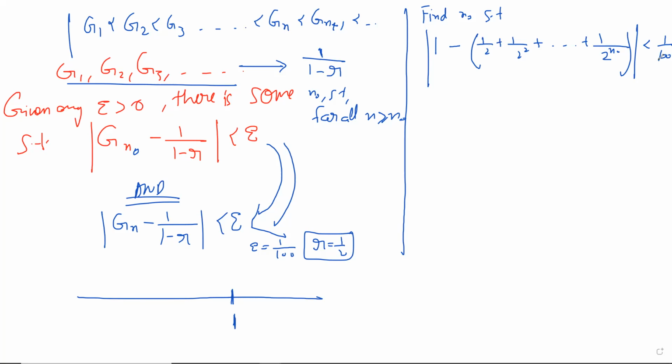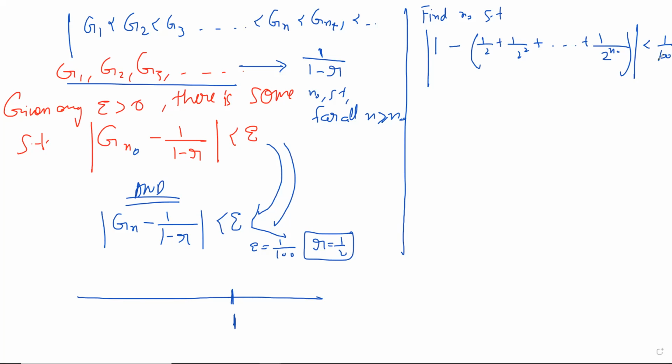Can anybody just guess some n naught which will work? If you can. This is not important for our discussion, but how would you actually not find, but maybe guess the n naught? Or just give an estimate of what n naught will work? Some n naught that will work.